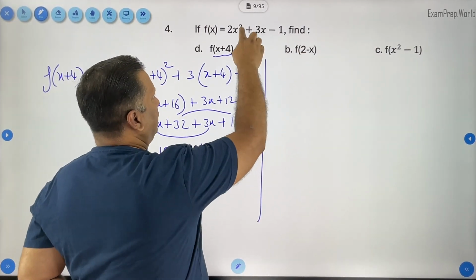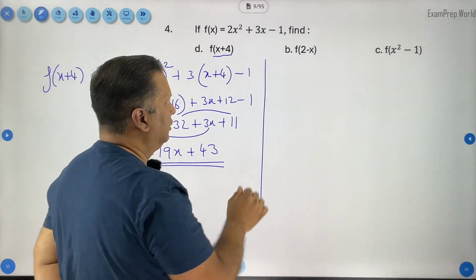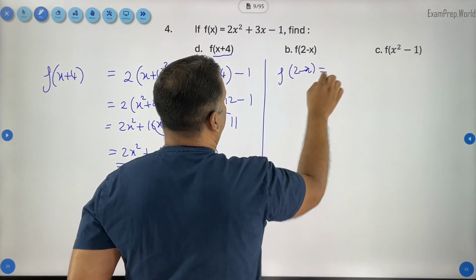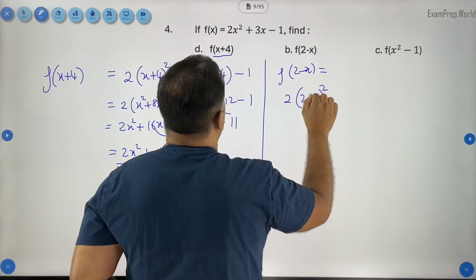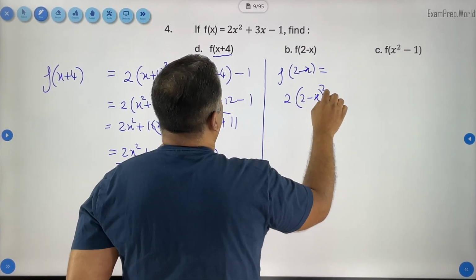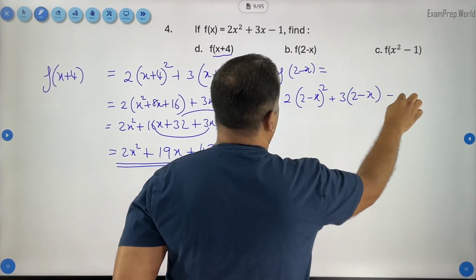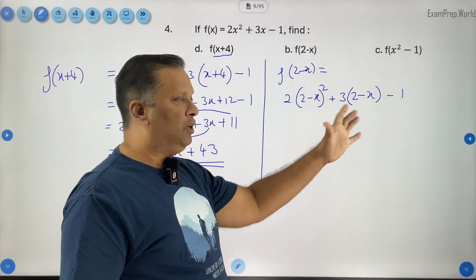So what should we do here? We will input 2 minus x wherever x is there. So f of 2 minus x will be equal to 2 times 2 minus x whole square plus 3 times 2 minus x minus 1. Now our job is just to simplify this.